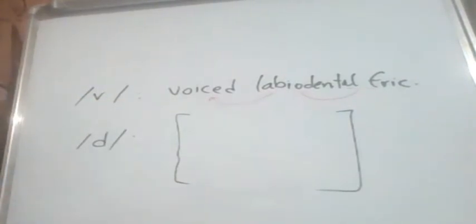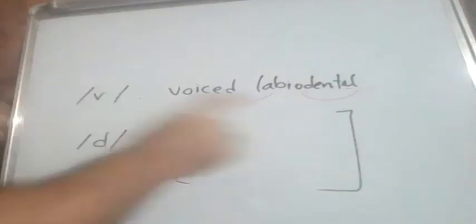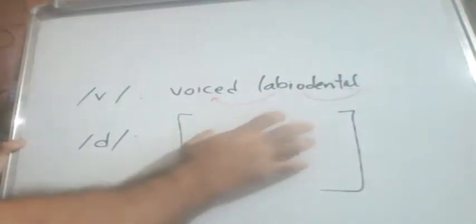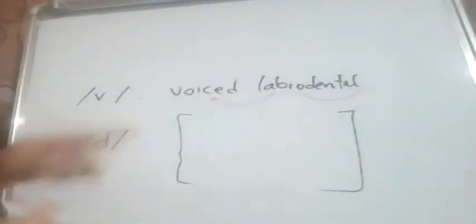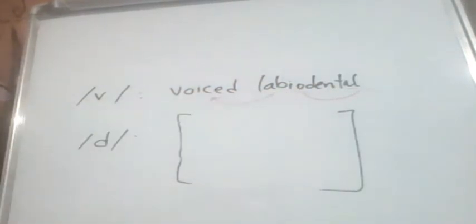But in this case, definitely fricative is not necessary because labiodentals are always fricative. Okay, there are only two labiodental sounds, and those two sounds are fricative. So the first one was supposed to be fricative, right? But fricative is not going to be specified here. I'm not going to put it here because it is not necessary. So we go for labiodental, which is the last, right?